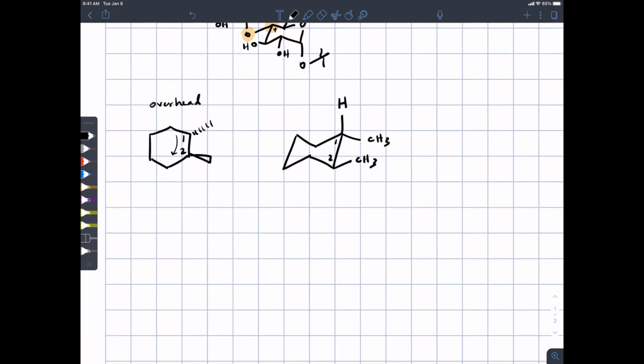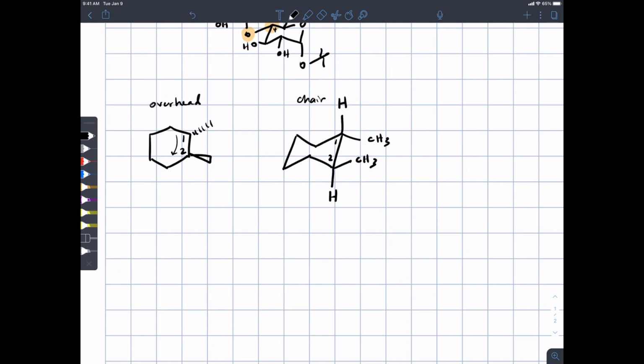Similarly, at carbon 2, in the way I've chosen to number the atoms of the ring, carbon 2 is a down carbon, and at a down carbon, the up position is also equatorial. So that's where our methyl group is, and then the proton that's implied in our drawing on the left would be down axial. So it will be a useful skill for you to start with a structure on the left that is an overhead view and get the sort of from the side chair depiction of the molecule.